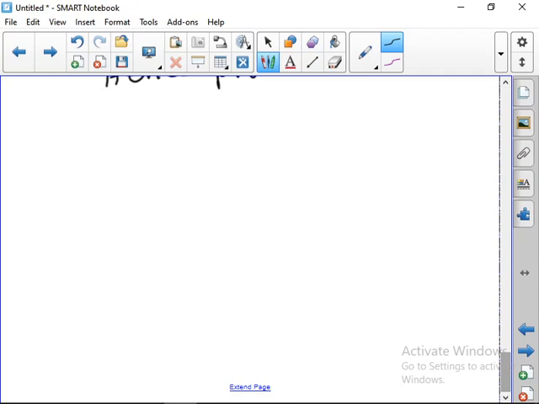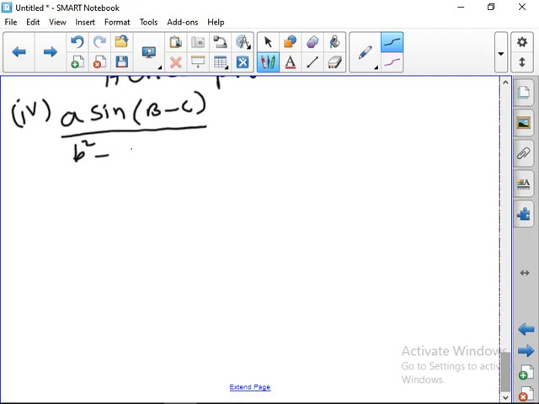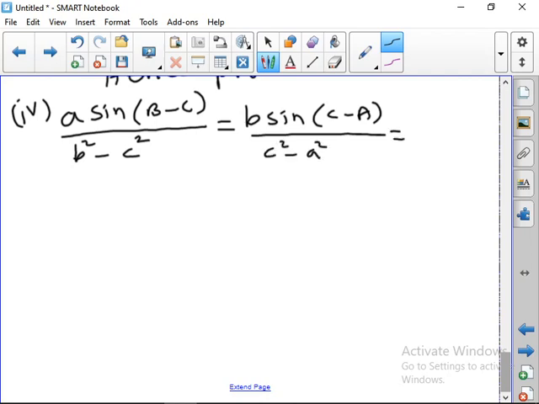Then we will do the fourth subdivision. Fourth one: a into sine B minus C by b square minus c square is equal to b into sine C minus A by c square minus a square is equal to c sine A minus B by a square minus b square.